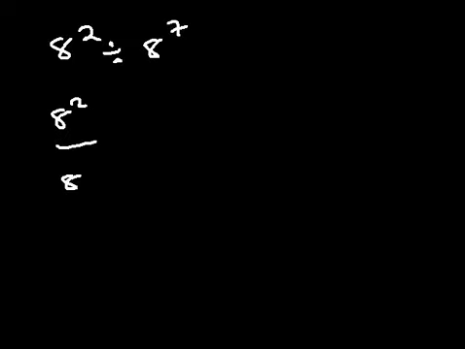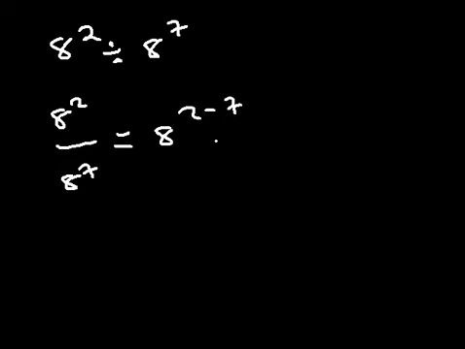And think about this one as well. Let's say we have 8 to the power 2 divided by 8 to the power 7. Using the division law, this is the same as 8 to the power 2 minus 7.